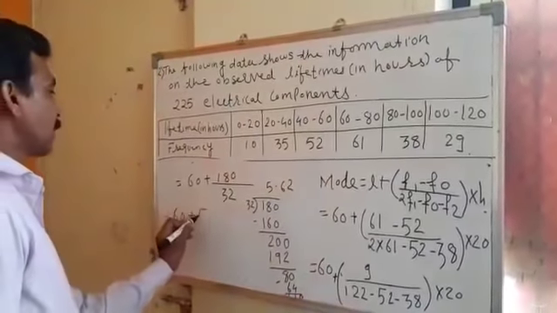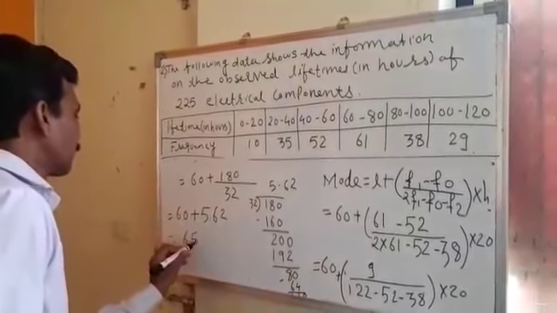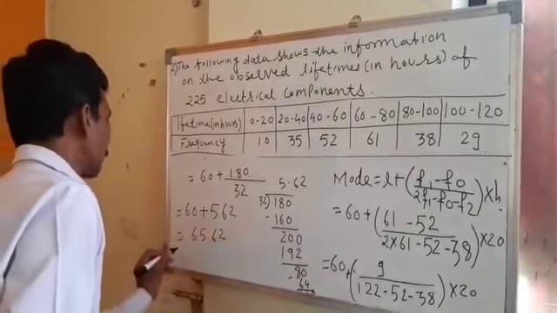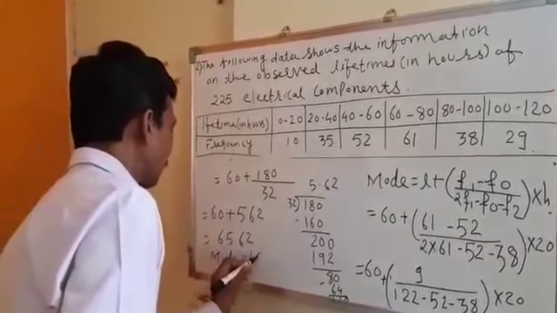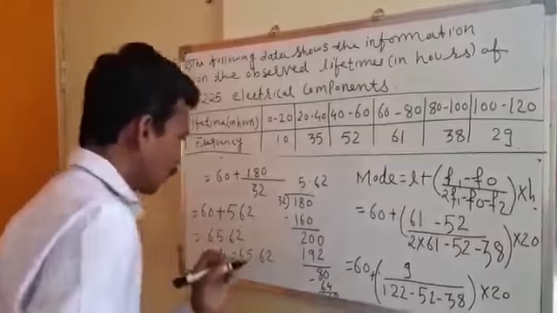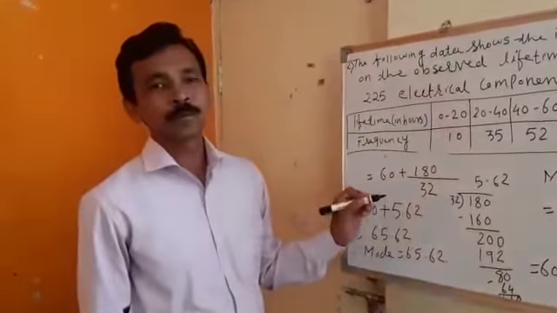So it is 5.62, is equal to 65.62. Therefore, mode is equal to 65.62. So students, this is the way to find the mode.